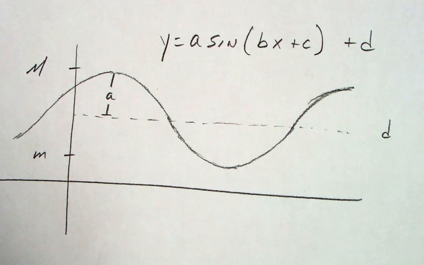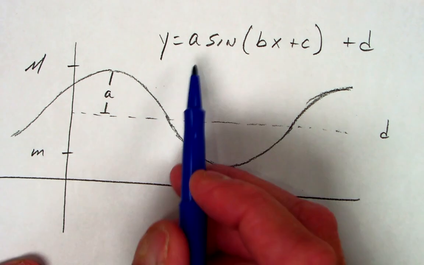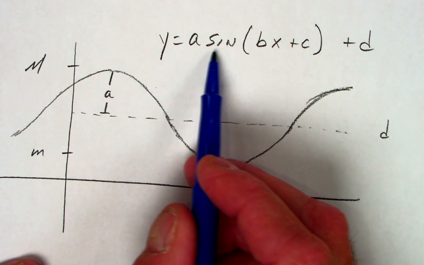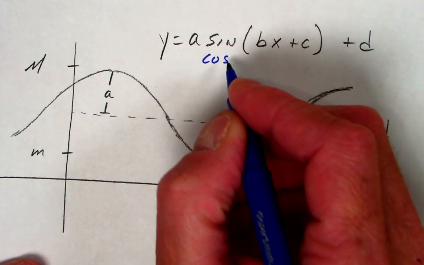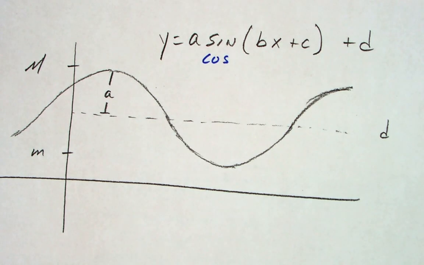And my apologies for giving you guys something that took a little longer than I anticipated. So that's why I'm trying to use time a little better today. Here's what we have. Y equals A times sine. This could be cosine as well. Okay?